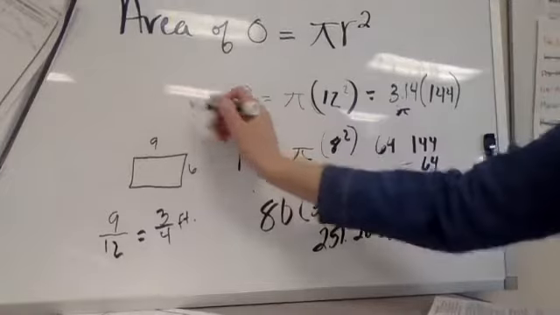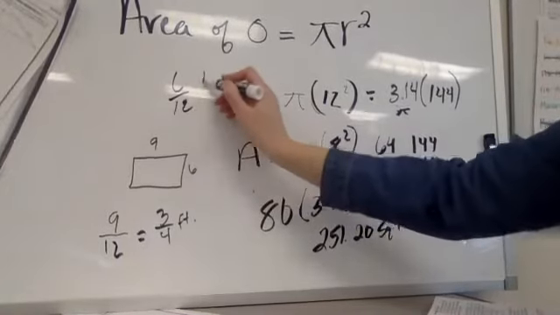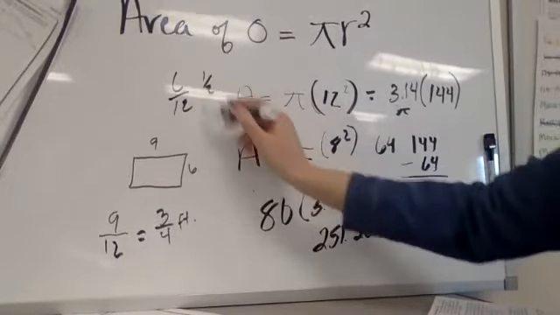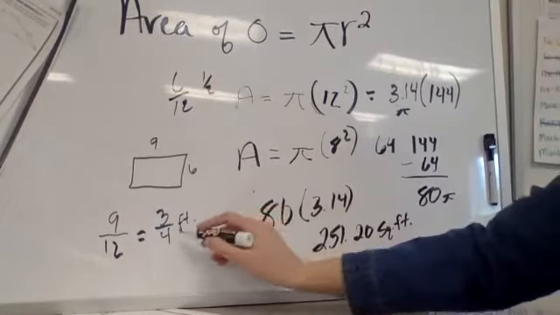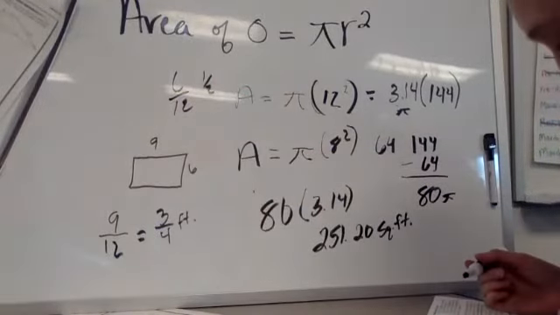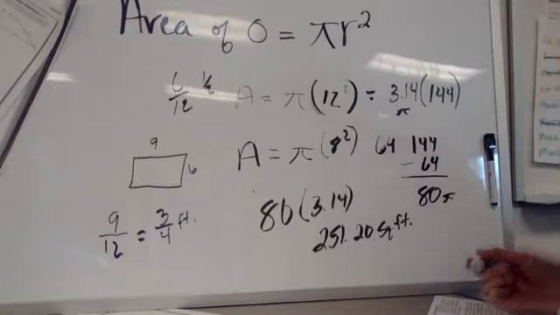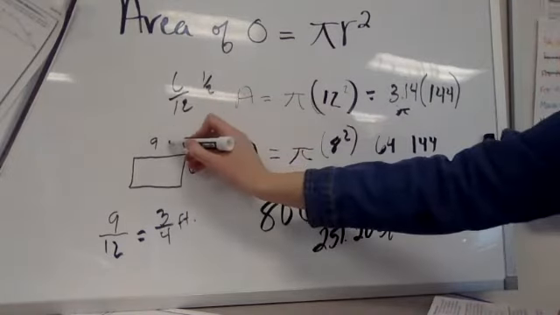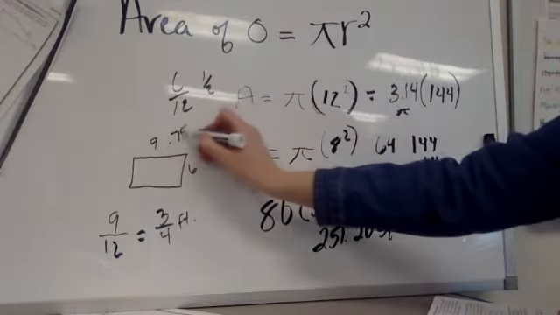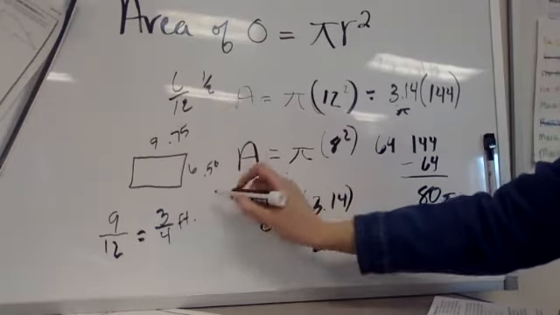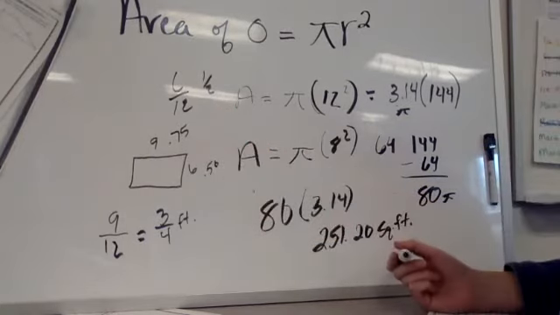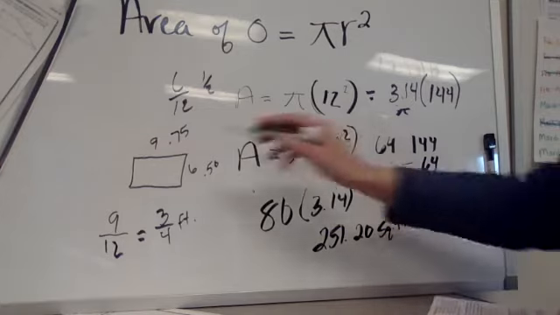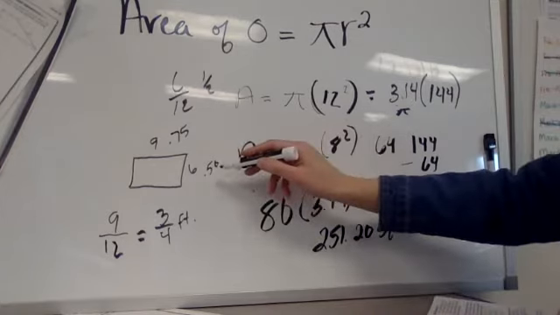And then 6 out of 12 is half a foot, right? So then if I say 0.75 and 0.5, because if I convert those to decimals, that's how I'm going to find my area. So I have to take 0.75 times 0.50.